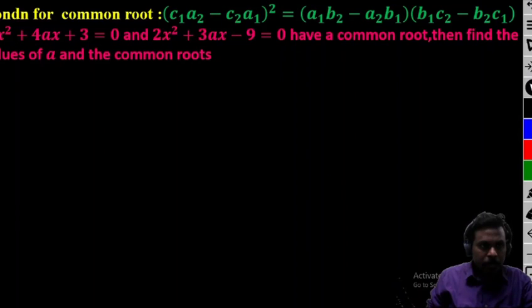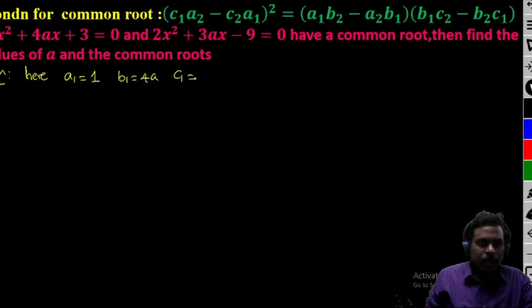Here is the solution. Here we write what is a1, b1, c1, a2, b2, c2. a1 here is 1, b1 here is 4a, and c1 here is 3.